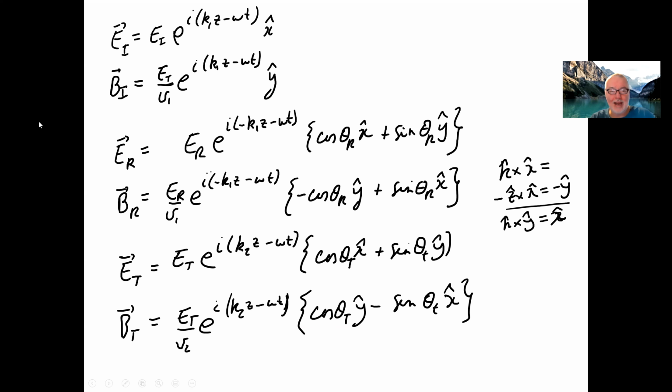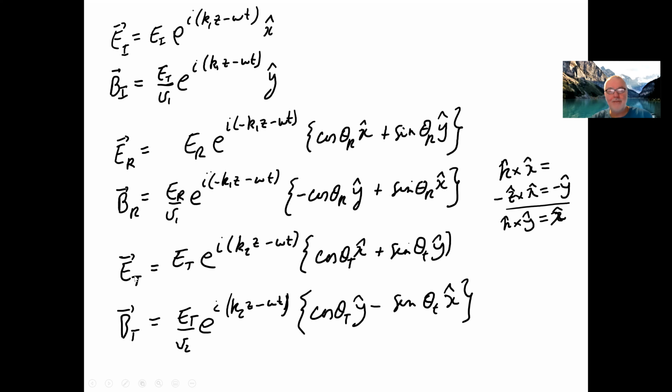And then I take my magnetic field, which I get as k hat cross E_R divided by V1. And this is what I get here: E_R over V1, e to the i(minus K1 z minus omega t) times minus cos theta R y hat plus sine theta R x hat. And I've just made this little notation here.